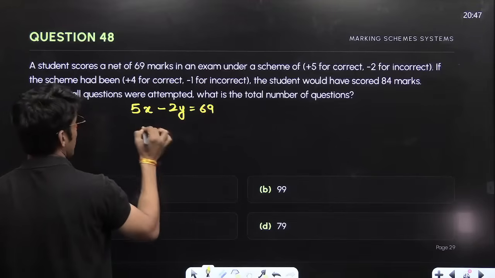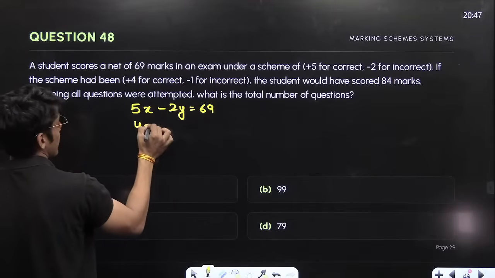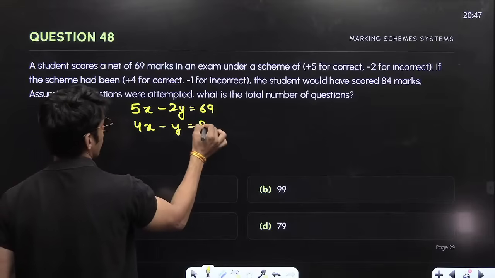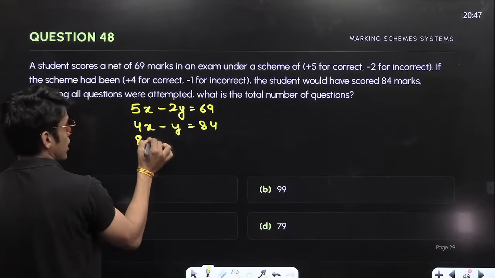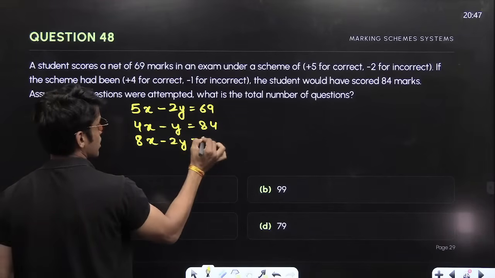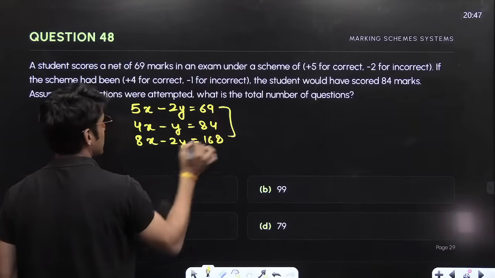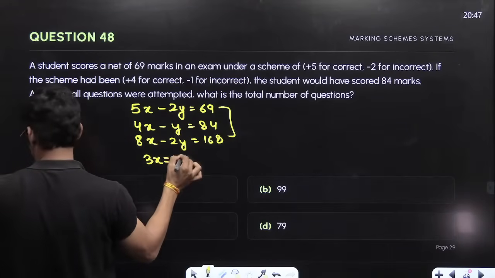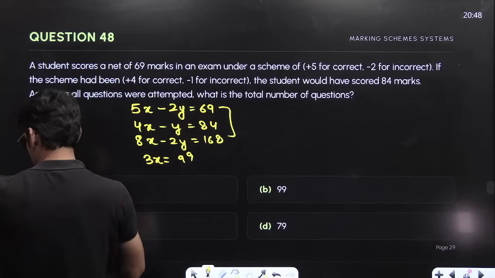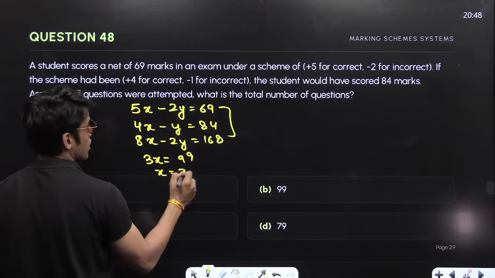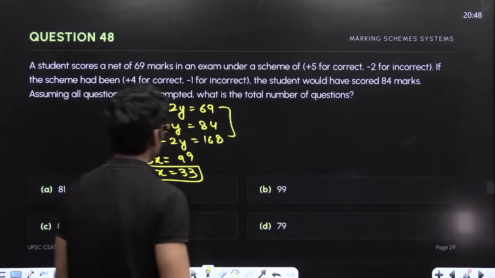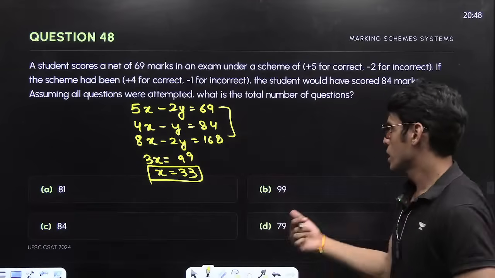So this is 69 and then 4x minus y is 84, right? So I can write this equation as this. If I subtract these two, 3x becomes 99 and my x becomes 33. So 33 problems this particular learner has answered correctly.